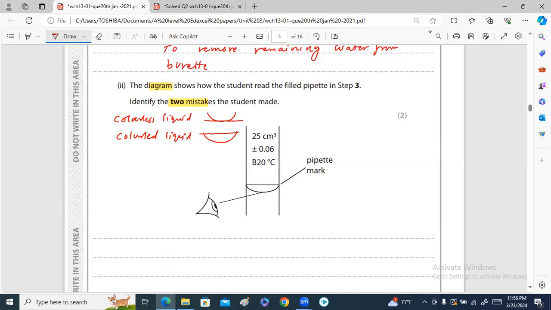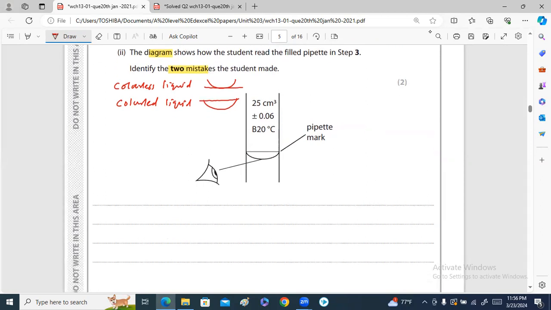Identify the two mistakes the student made. In the burette or in the pipette, if we want to take the reading of a colorless liquid, we should use the lower meniscus. For colored liquid, upper meniscus. As we're using ethane dioic acid, which is a colorless liquid, what are the two mistakes?